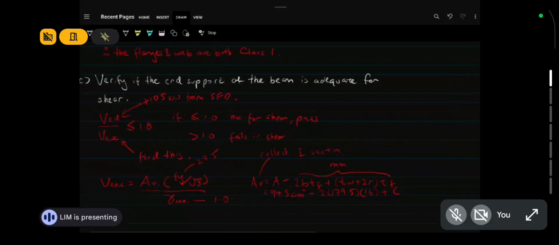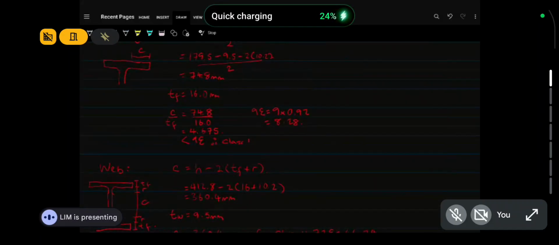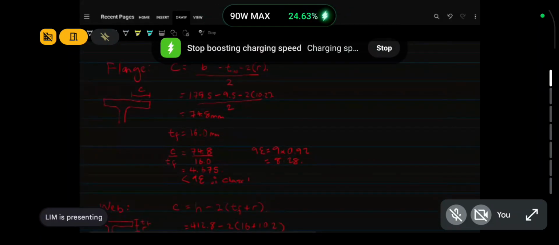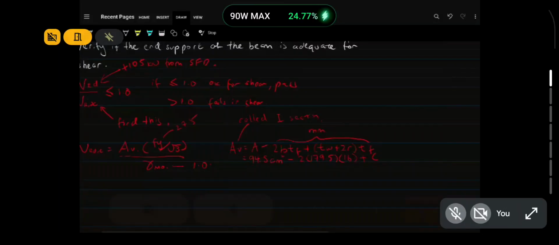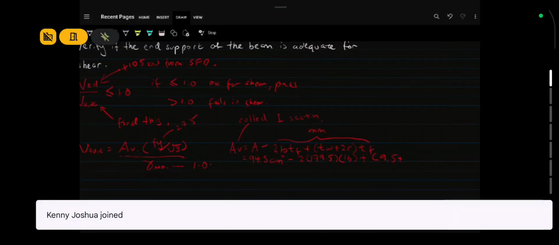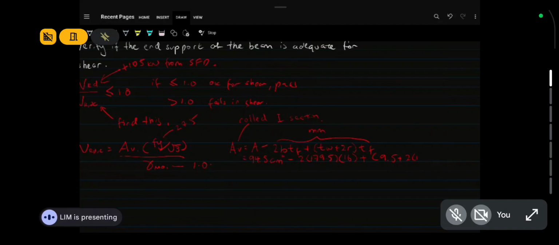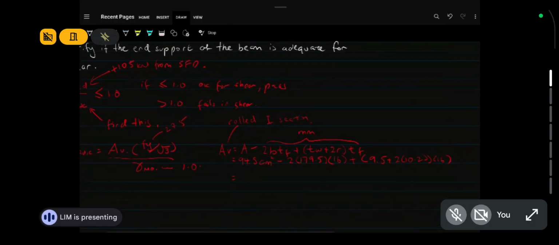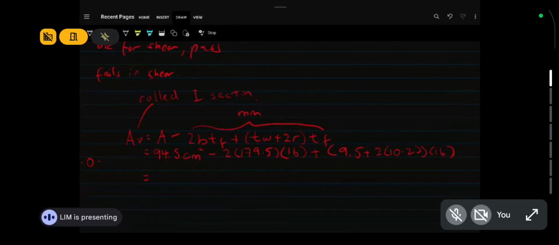Plus tw, 9.5, plus 2 times r, which is 10.2. I can't just remember that. And the tf is 16. There, that's the formula for Av. So 94.5 is in cm squared. We have to convert to mm squared.